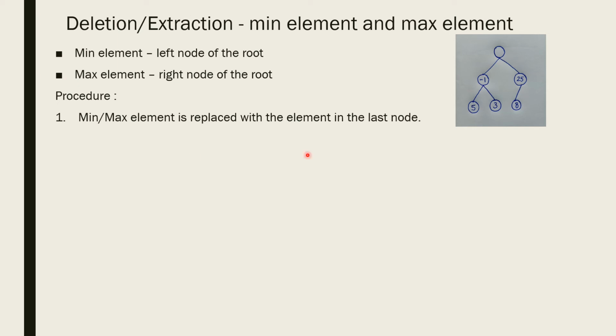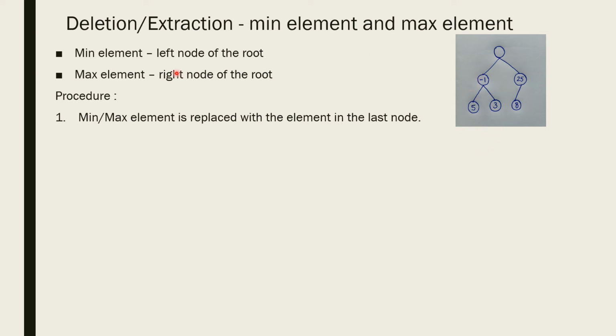Now when we have to delete the minimum element, we just replace the minimum element with the last node. Which is the last node here? 8 is the last node. So minus 1 will be deleted and 8 will take its place. There are certain procedures that we have to follow.